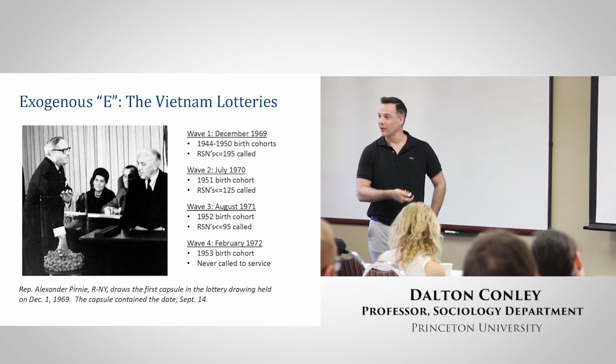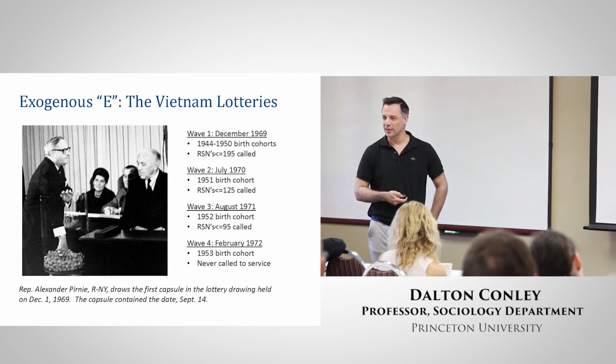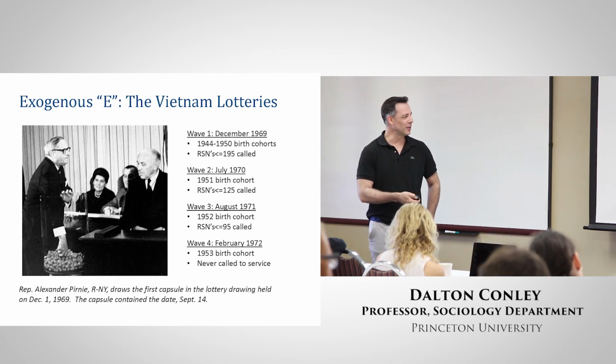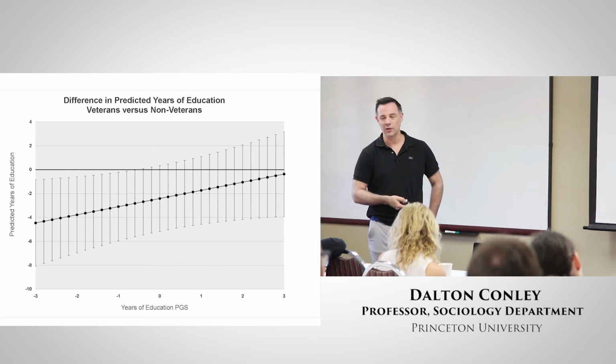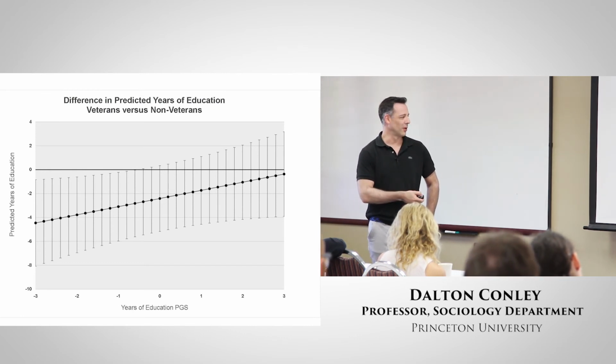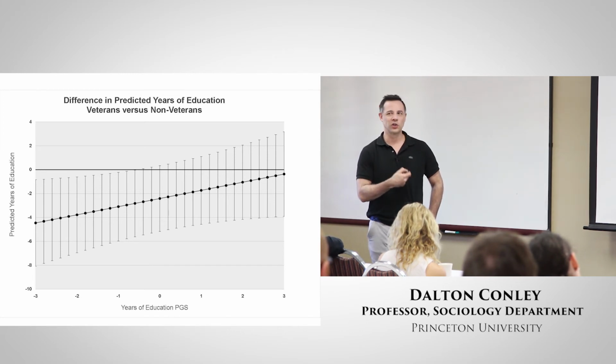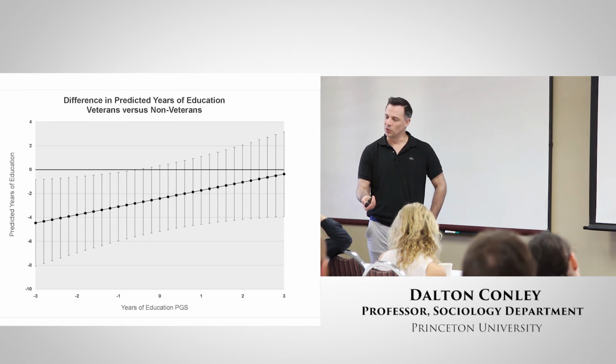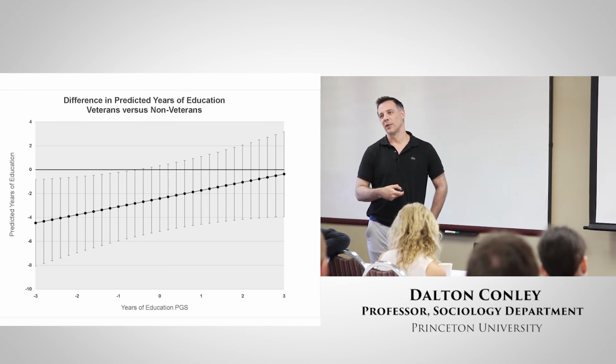Anyway, draft lottery: bad for 18-year-old men in 1969, but great for social scientists. Random assignment. We find in the tobacco work, this is work with Lauren as well, that those people on the top end of the polygenic risk score distribution for becoming smokers are the ones that show an effect of being drafted in terms of their lifetime smoking behavior and therefore lung cancer risk, because they're exposed to a very tobaccophilic environment by being drafted into the military.